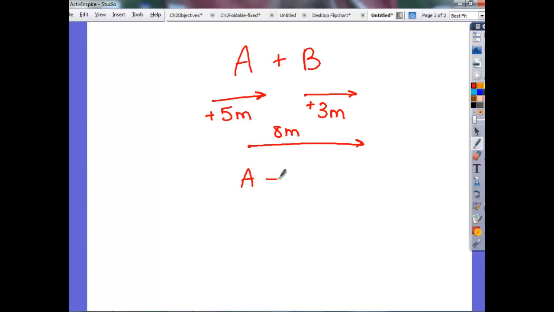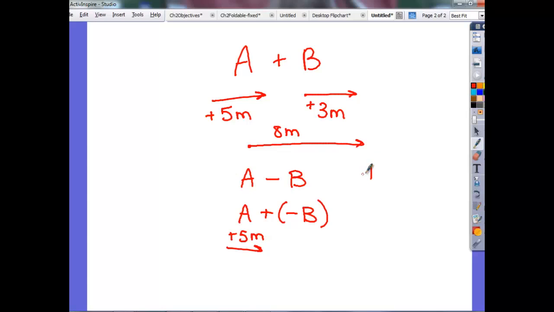If, however, I want to subtract A minus B, in physics we don't really subtract vectors, so we're going to rewrite this expression as an addition sentence. So A minus B is the same as A plus negative B. So when we go to subtract vectors, I'm going to take A, which was a positive 5 meters, and I am going to add it to a negative B.